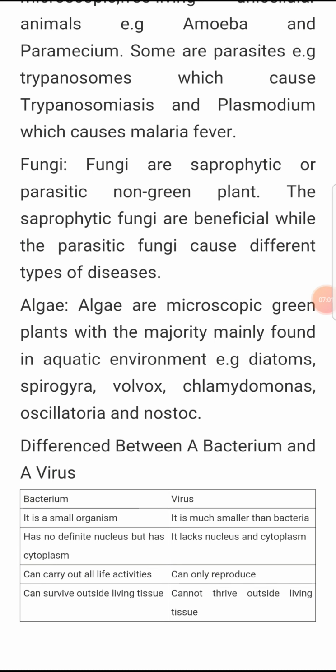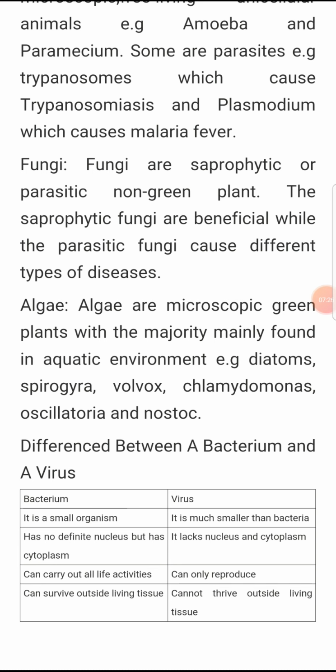Saprophytic in the sense that they feed on dead and decaying substances, dead and decaying organisms, or parasitic non-green plants. That means they are harmful. Parasitic, they feed on others, causing harm to their host.